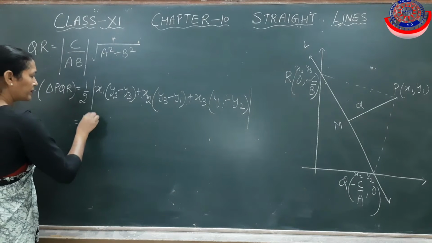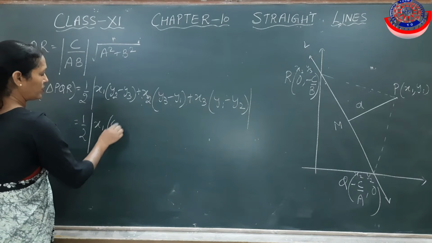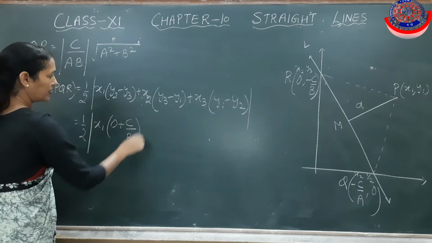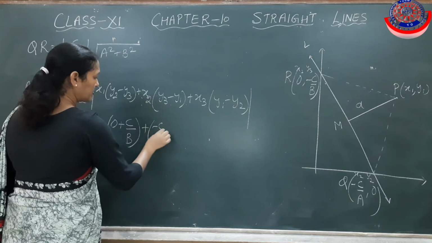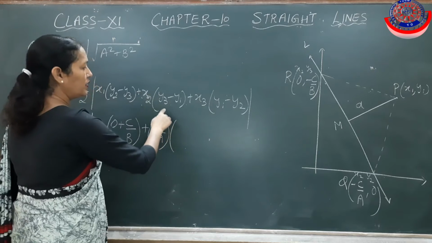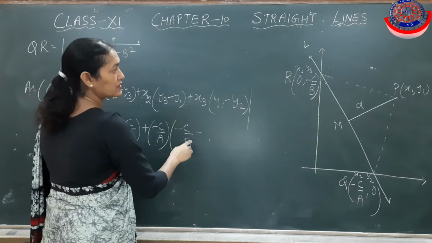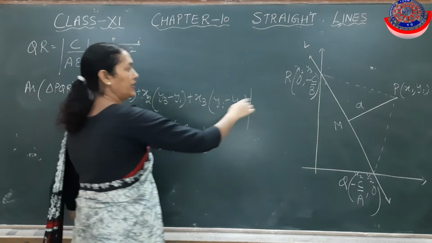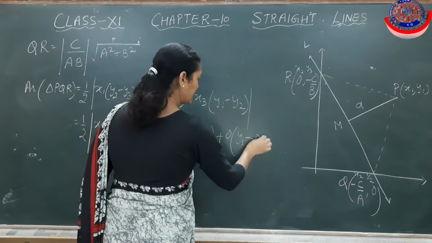Half, x1 is x1 only, y2 is 0 minus y3. So minus and minus will become plus. Plus x2, x2 is -c/a, y3 is -c/b, and y1 is y1 only. x3 is 0, y1 minus y2 is 0.